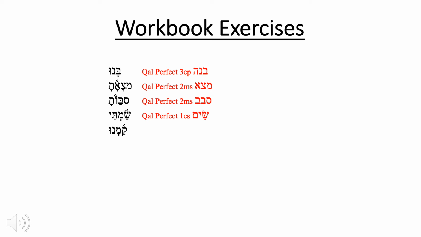We notice that we have the A-class vowel instead of the I-class vowel, which will be the case in most perfect verbs, that it'll either be a short or a long A-class vowel instead of whatever the root vowel may have been in that syllable in the infinitive construct. The same is true in the next verb, so see if you can parse that one in light of what we just discussed.